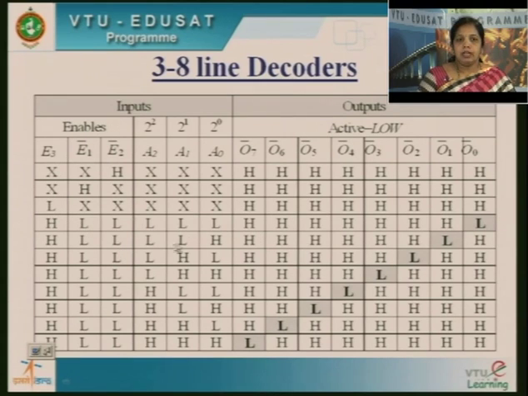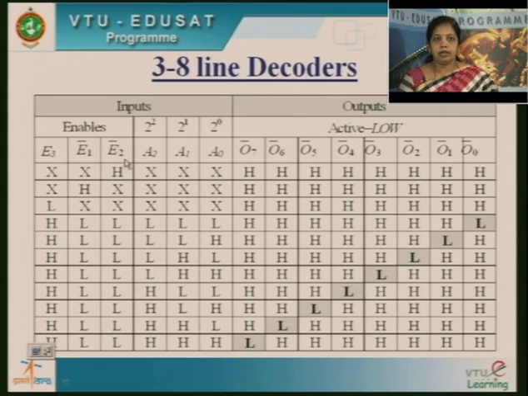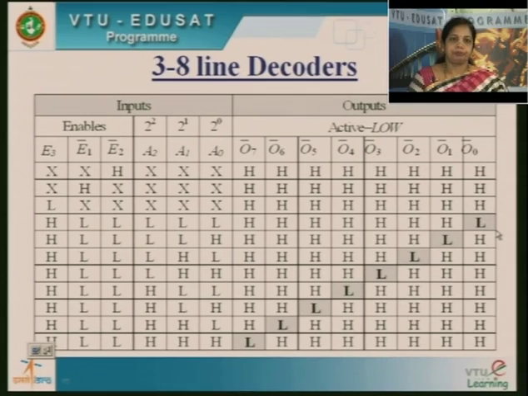So when exactly will you get the output? When I make E3 high, E1 low and E2 low, and I start giving my codes or combinations. If I give all 3 inputs A0, A1, A2 low, then I will get my output at the first gate, that is O0. Since it is complement, it is active low.